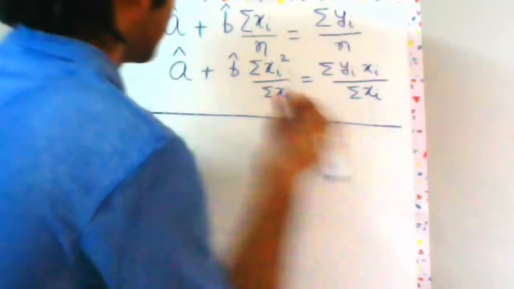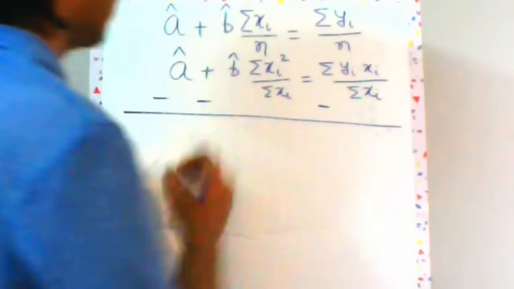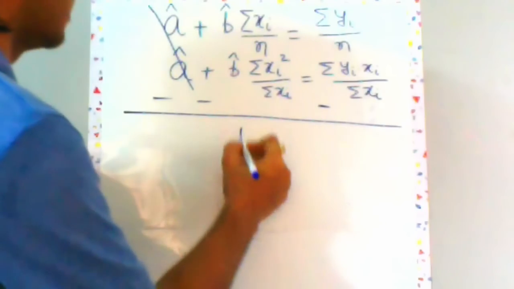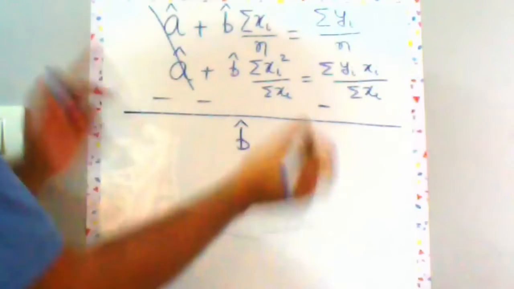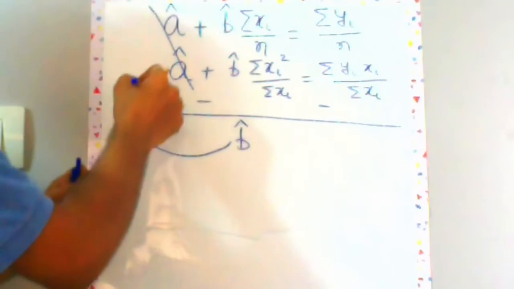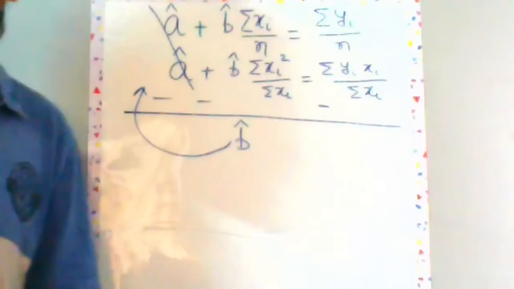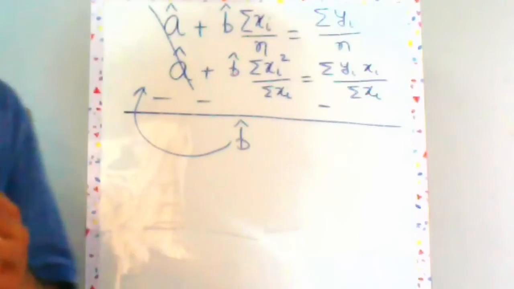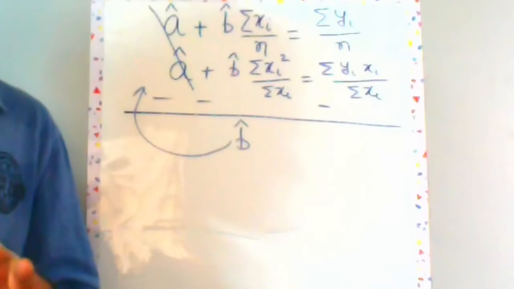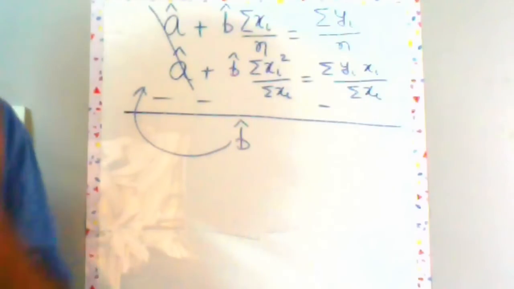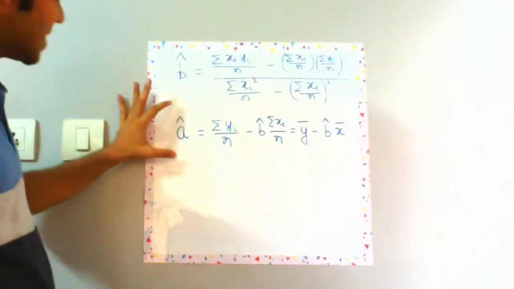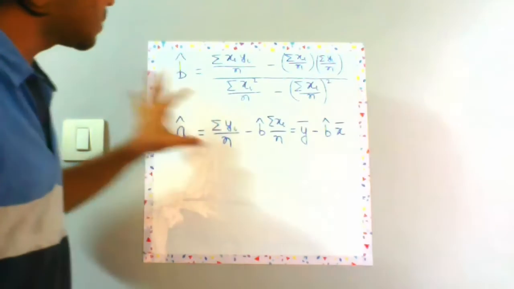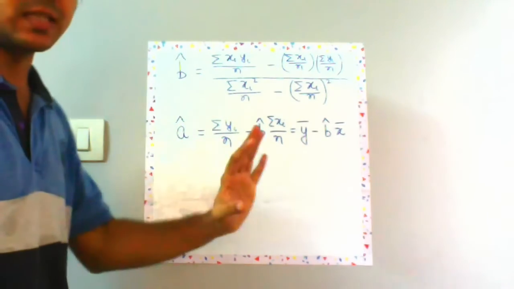Just put a minus sign over here, this will be cancelled, you will get a value of B hat, and if you plug this B hat again into the equation, you will get the value of A hat. I won't do this exercise because it's pretty easy in nature, and you will get the final result for A hat as pretty standard.